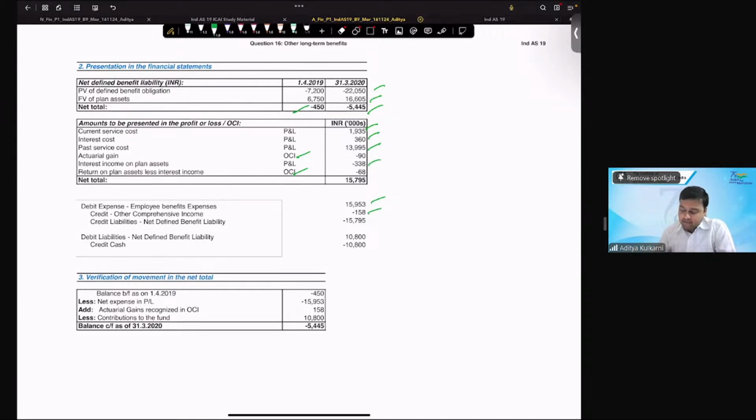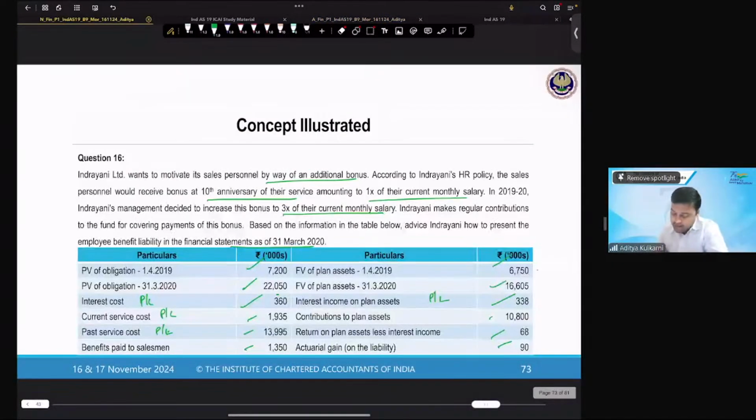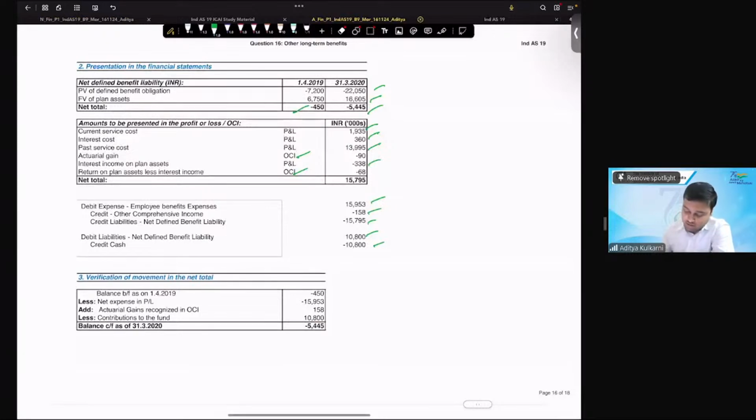Other comprehensive income debit, take the total of items appearing in other comprehensive income. Credit net defined benefit liability. So 15,795. Debit liabilities 10,800, credit cash. What is this 10,800? This 10,800 is nothing but the contribution.